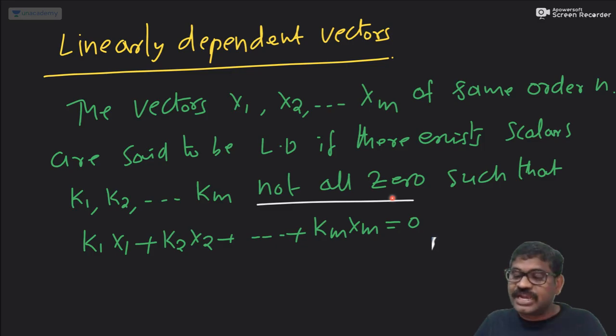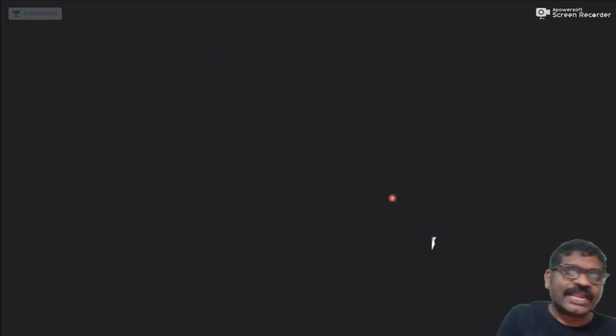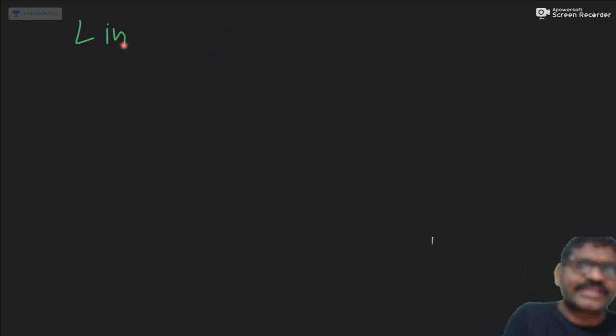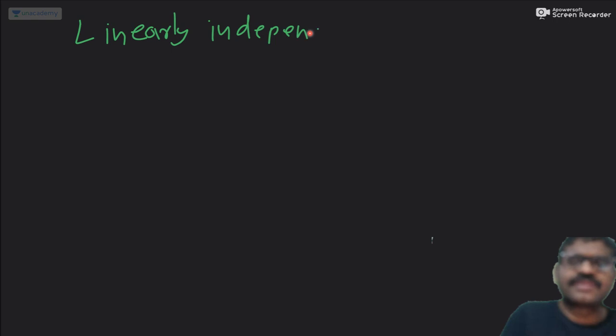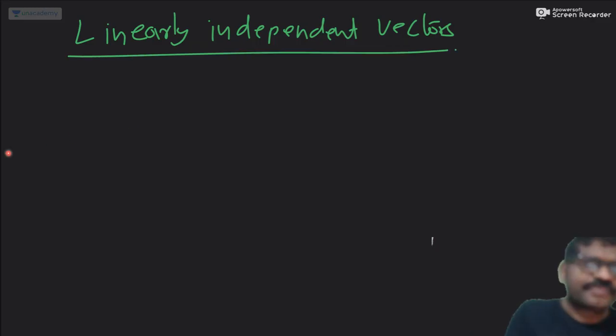Now, linearly independent vectors. Definition.